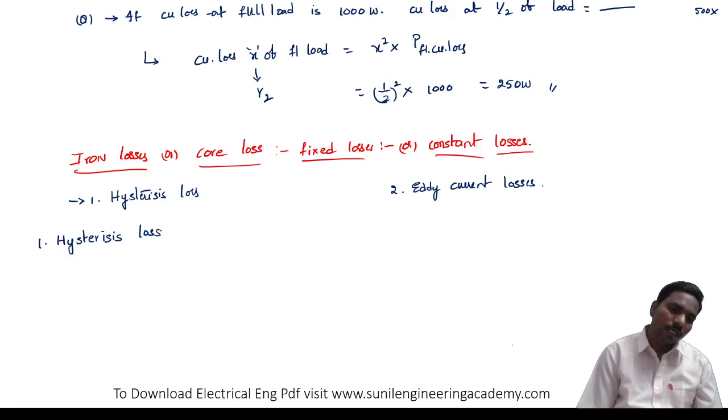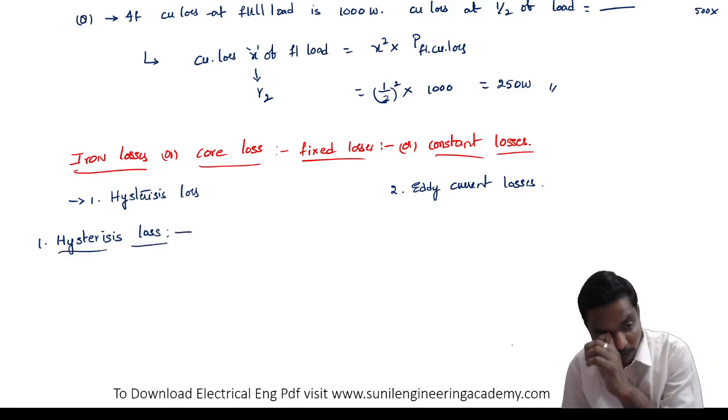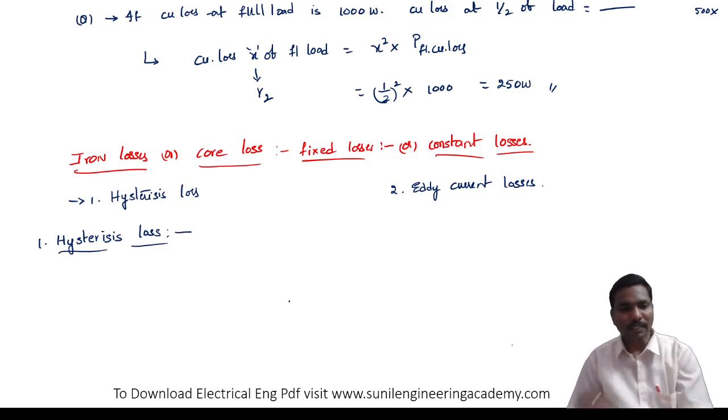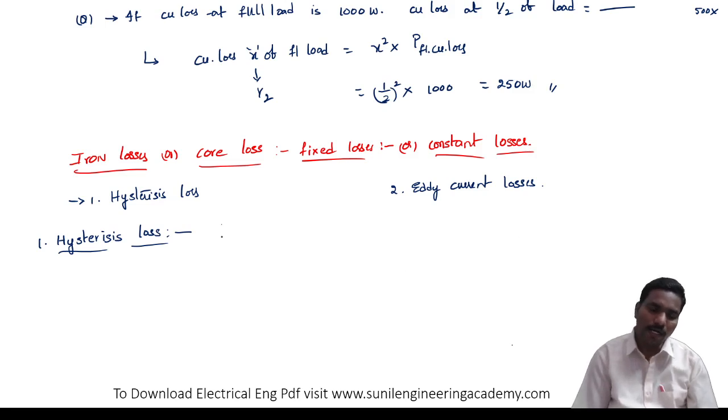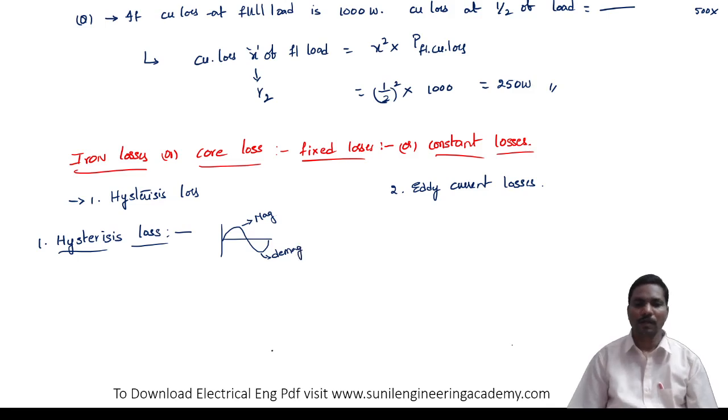If you open the textbook, it is very difficult to understand hysteresis losses. But a simple idea is this: in the transformer we give alternating current. For the positive half, the core will be magnetized. For the negative half, it will be demagnetized, and again magnetization and demagnetization.